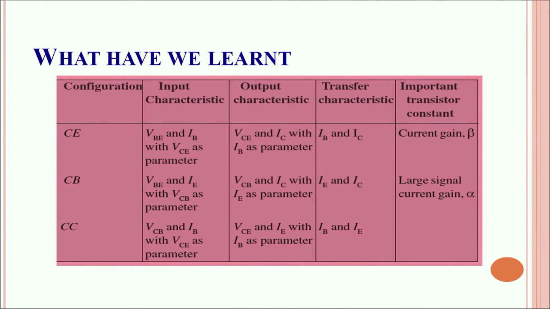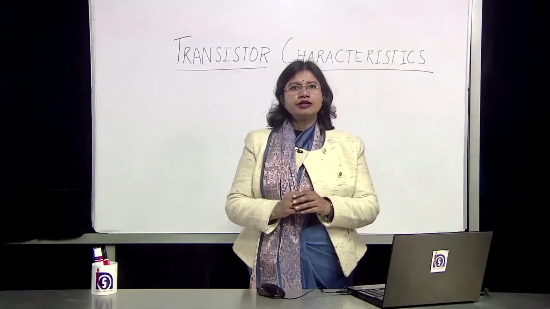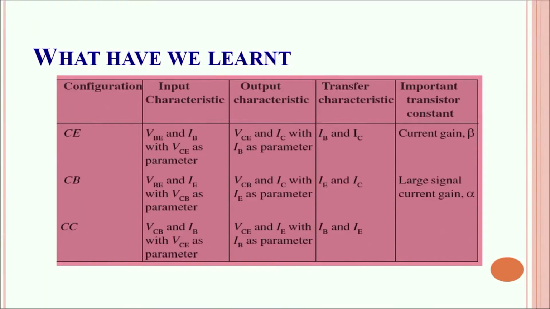This particular kind of configuration has a large signal current gain and it is suited as a voltage regulator. The third configuration, that is the common collector configuration, finds less utilization, fewer applications, but it is used for impedance matching.